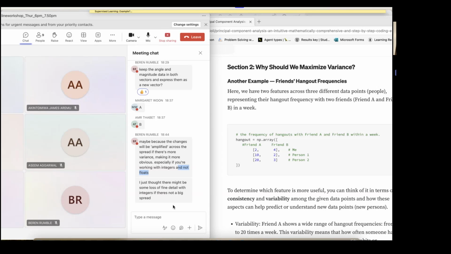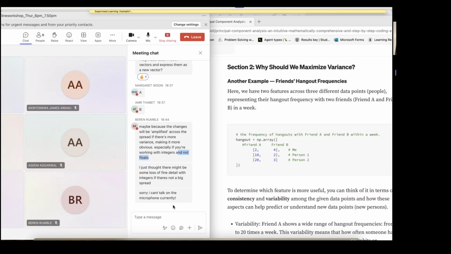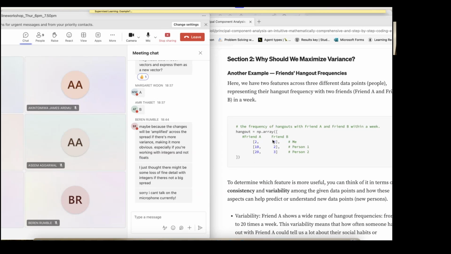If they are not great, yeah, correct. Noise, yeah, you are correct. That's another problem of small values, right? Small range of values with not big variation. Even the loss of fine details, the precision of the floating number, may affect the result.